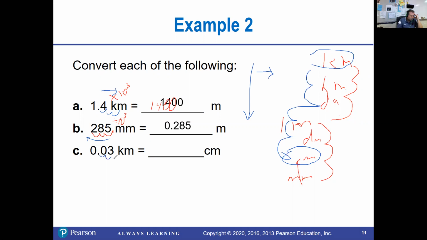And we end up with 3,000 and 0 and 0. Does that make sense? It's 1, 2, which got it here, and then 3 more spots, so it's 3,000.